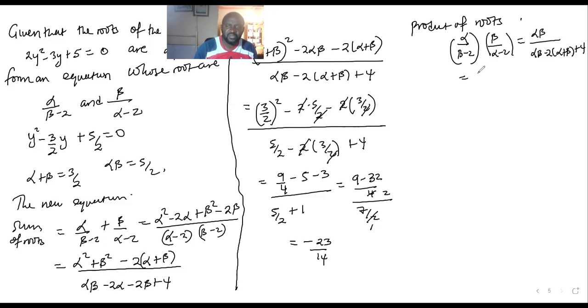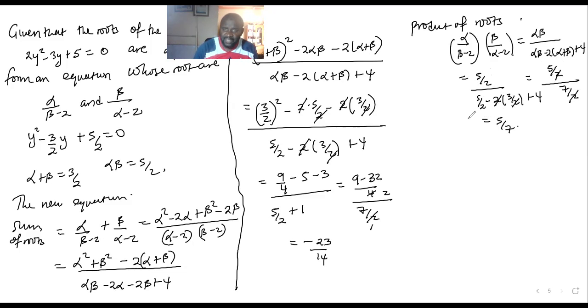When you substitute, you realize 5 over 2, all over 5 over 2 minus 2 times 3 over 2 plus 4. This will give me 5 over 2 divided by 7 over 2. When I divide and simplify, I lose the 2, so the product is 5 over 7.